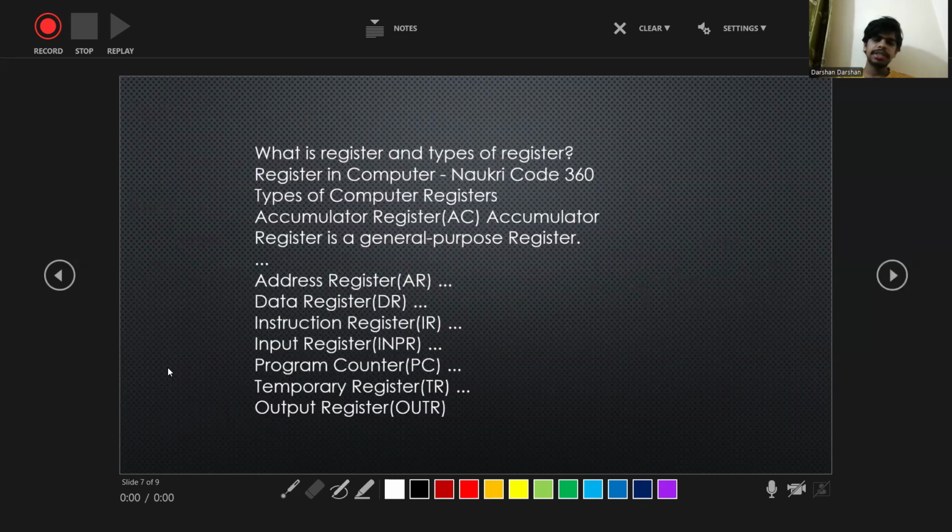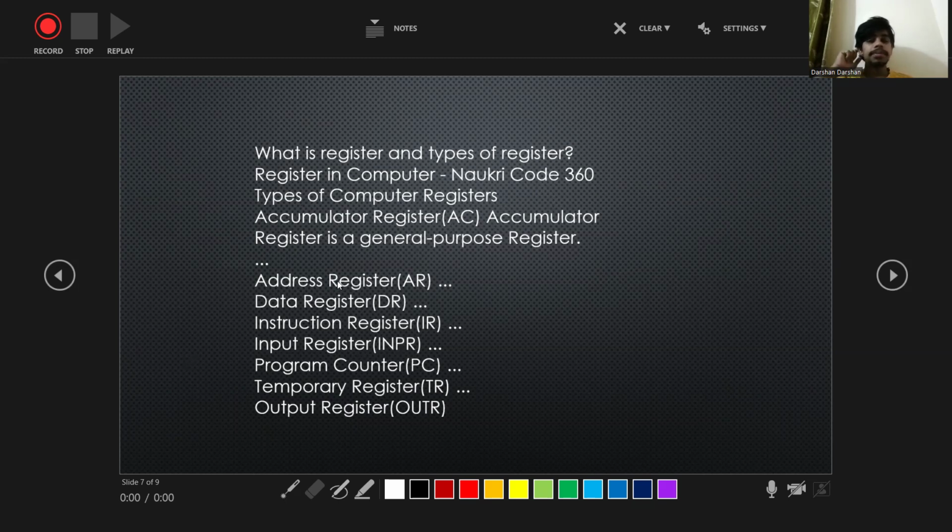So there are some registers, there are some types. What is a register and what are the types of registers? Types of computer registers: accumulator register, in short form AC, which is a general purpose register.